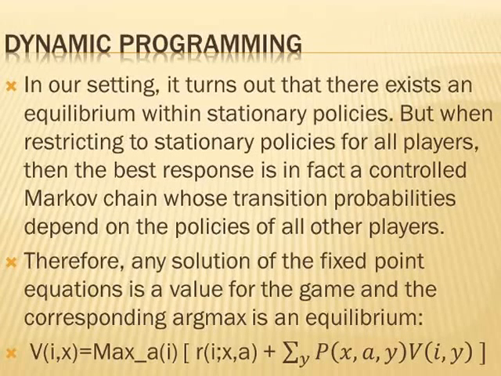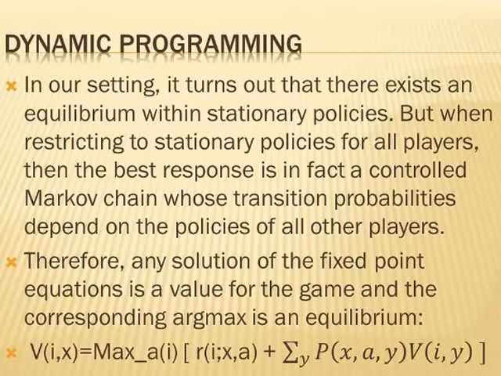A few words on the extension of the dynamic programming part to a game. I now introduce dynamic programming. In our setting, it turns out that there exists an equilibrium within stationary policies. When restricting to stationary policies for all players, the best response is in fact a controlled Markov chain, whose transition probabilities depend on the policies of all other players.